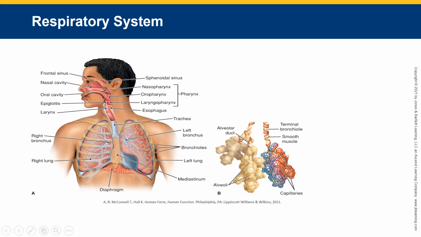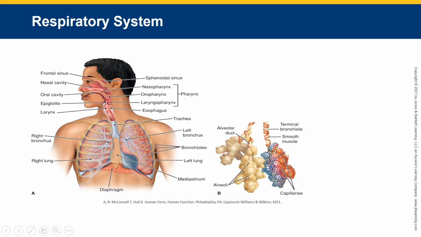Let's see, the larynx. The larynx, that's where the voice box is. So it's really right here, and it's in the entire area called the laryngopharynx right here, the laryngopharynx. And that's really talking about the lower section of the pharynx. We haven't gone through the whole thing yet. So the pharynx has three sections right here.